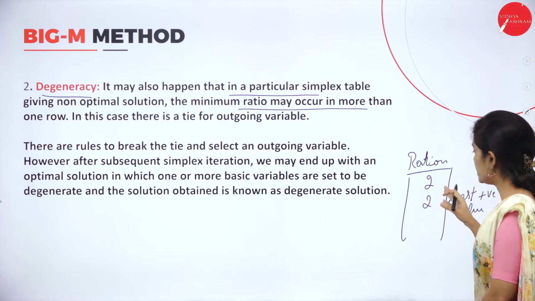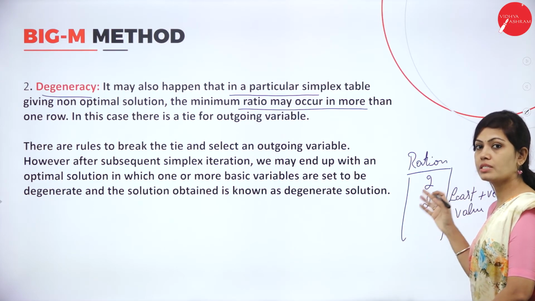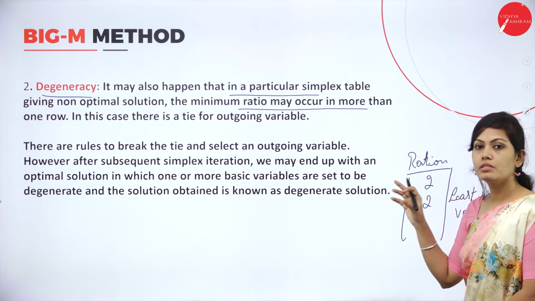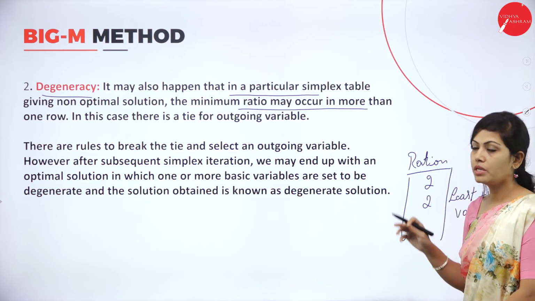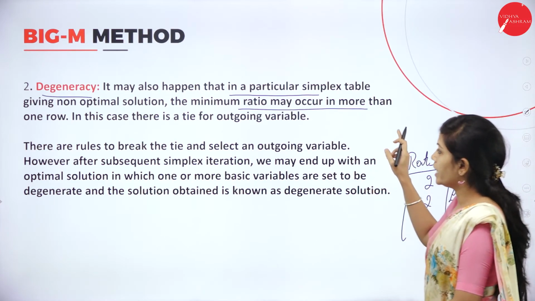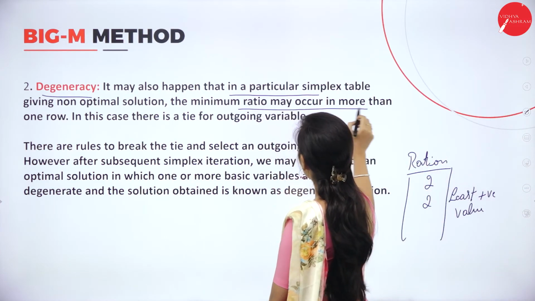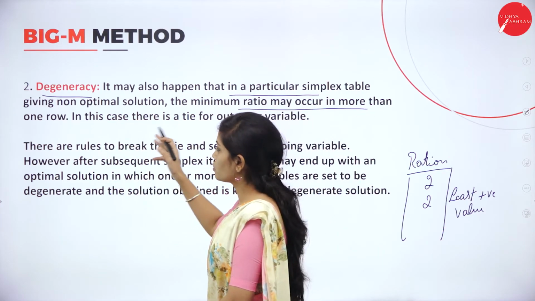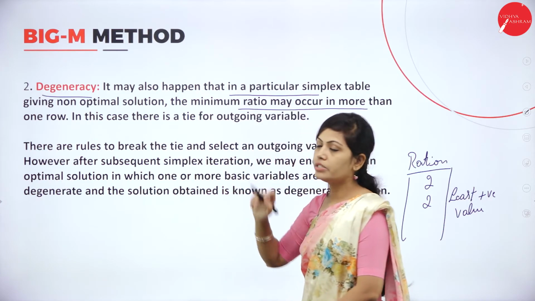If you get the same least value, both the values are the same, then how will you select the key row in the simplex method or big M method? This condition is known as degeneracy. The minimum ratio may occur in more than one row. If you get it more than one time, this condition is known as degeneracy.